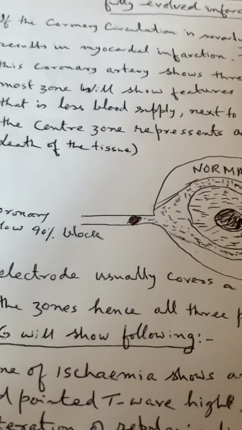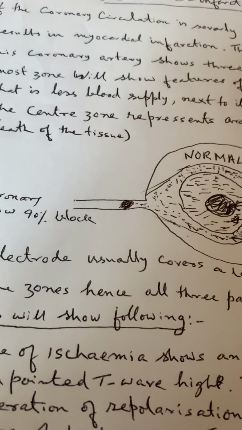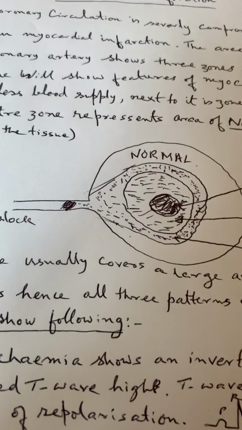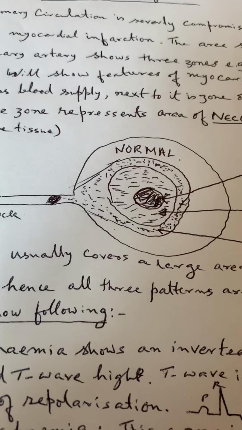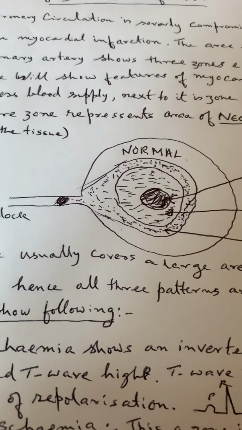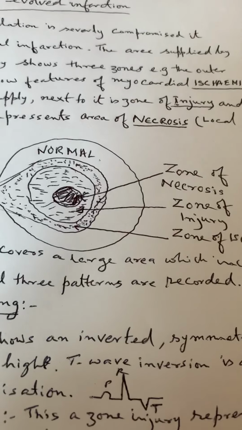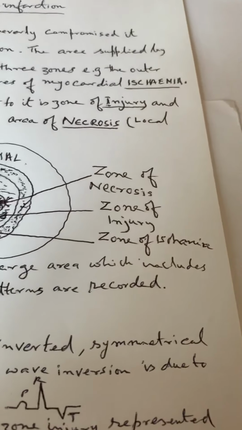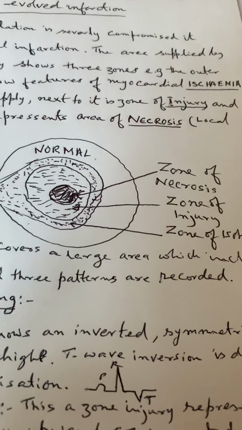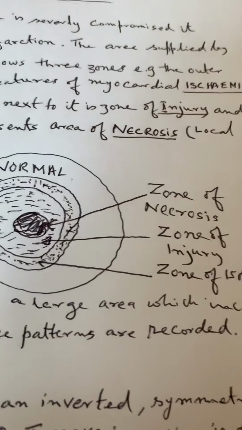See in the diagram, this coronary artery is coming, and suppose it is 90% blocked, then it will result in damage to that area which is supplied by this artery. You will see the normal area is outermost, and then comes the zone of ischemia, and then inner to that is the zone of injury, and the third is the central zone, that is the zone of necrosis.